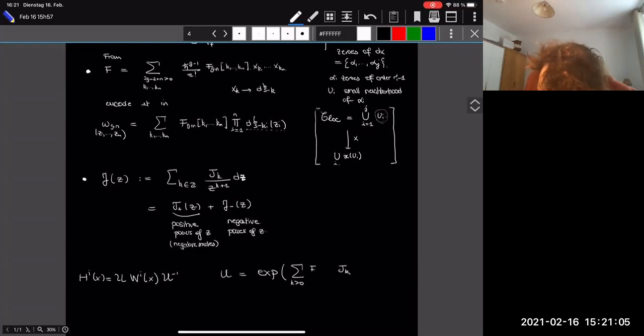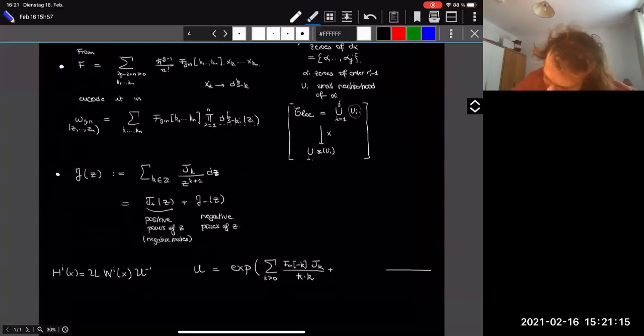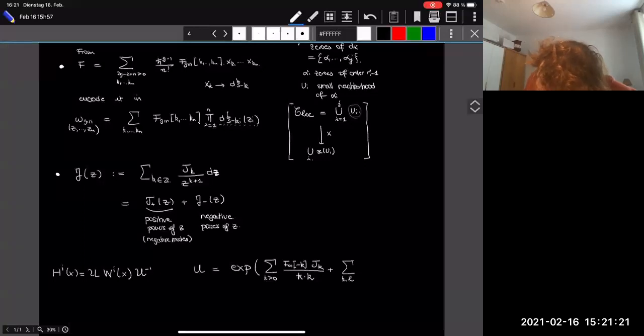And there are some coefficients I'm going to call F_{0,1}, minus k. And then there was this freedom of conjugating by a purely quadratic differential operator. So I call these coefficients F_{0,2}, minus k minus l, with an h bar and then g_k g_l over 2.